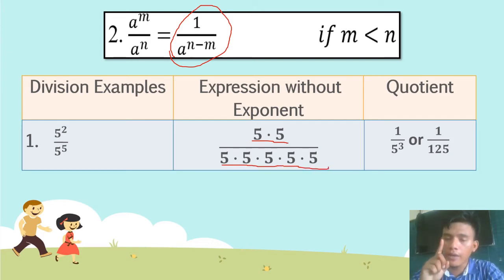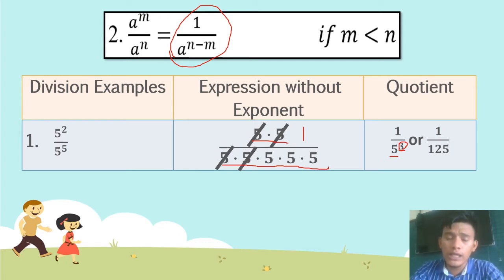Take note, you cancel the common factors, so 5 cancels 5, and in the numerator you put 1. The remaining is 5 times 5 times 5. There will be three 5s, therefore your exponent is 3 and the base is 5. So 1 over 5 raised to 3.